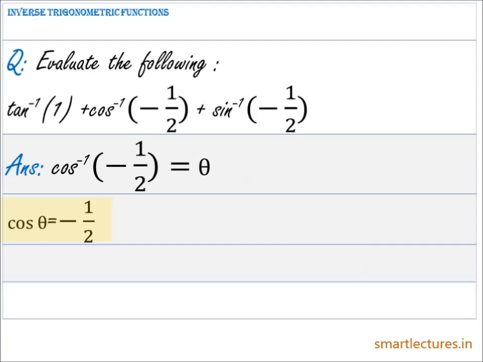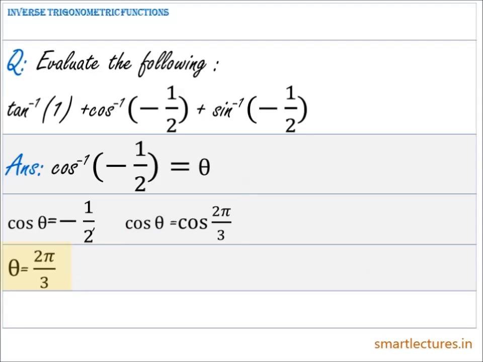So we can also write cos theta is equal to cos of 2 pi upon 3, and that means theta is equal to 2 pi upon 3. And also cos inverse minus half is equal to theta. So we can write cos inverse minus half is equal to 2 pi upon 3. And now let's find out the value of third term, which is sine inverse minus half.